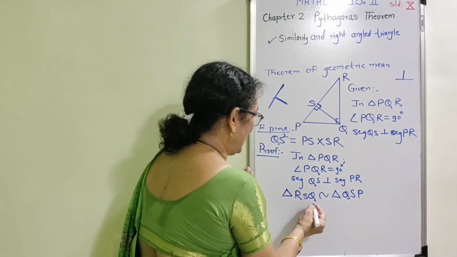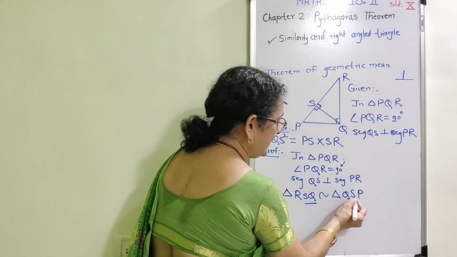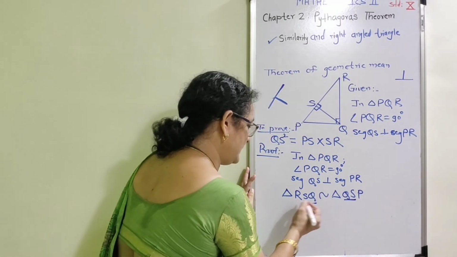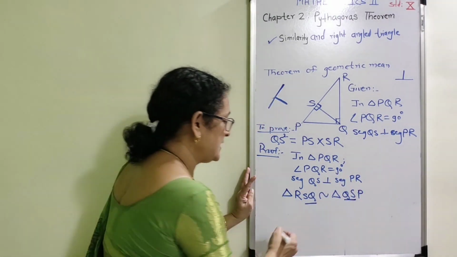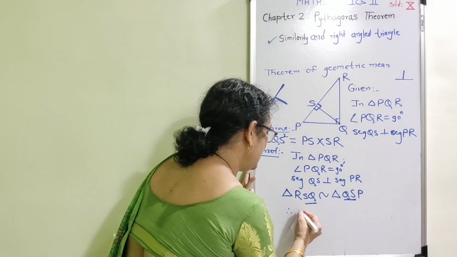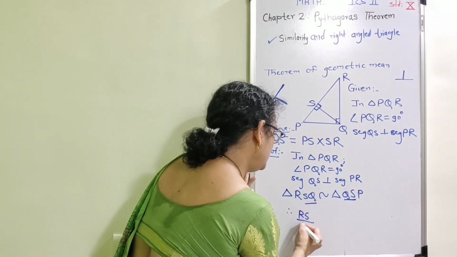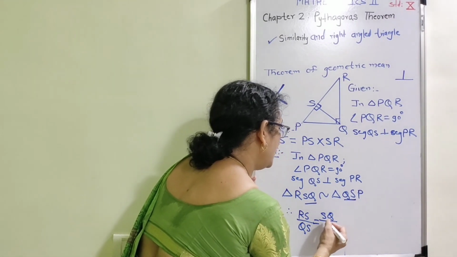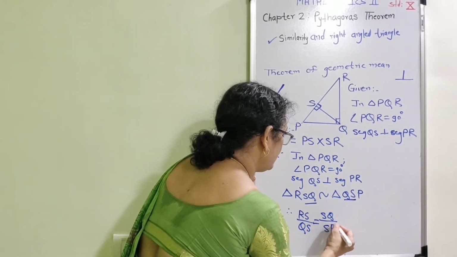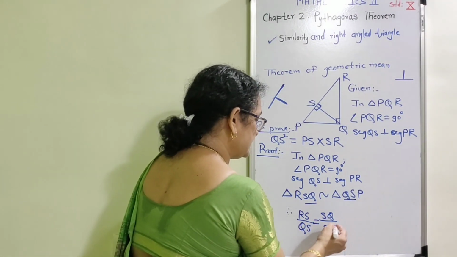Now here I want SQ square. Here SQ is here and here QS is in the point. The first two points are QS, and therefore I can write RS upon QS is equal to SQ upon SP, and therefore QS is SQ.